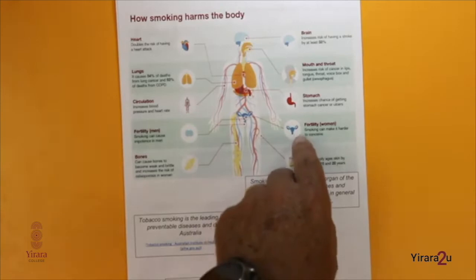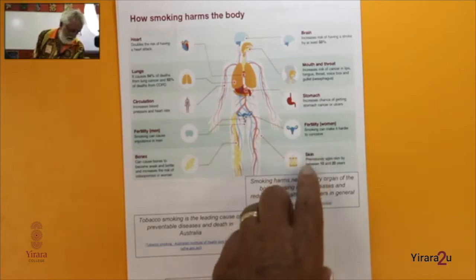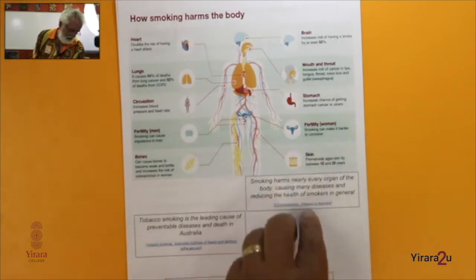It affects a woman's fertility, because smoking can make it harder to conceive. And it also affects your skin. So there's lots of parts of the body. And it's good to know what the effects are, because you might see this in some people you know, maybe some family members. That it does affect their bodies in so many different ways.